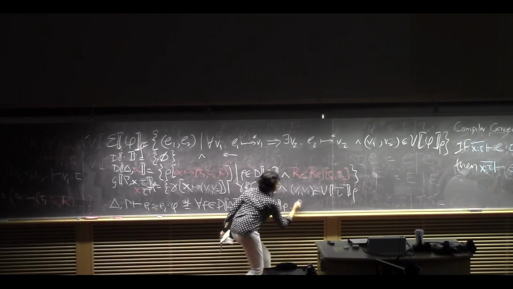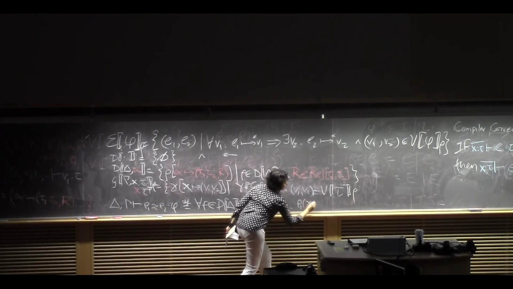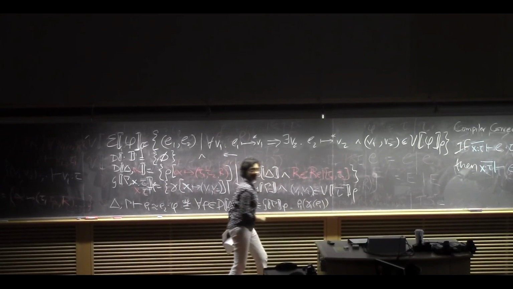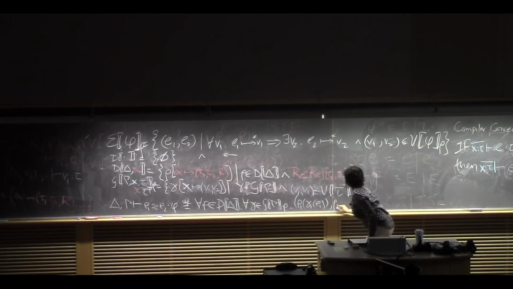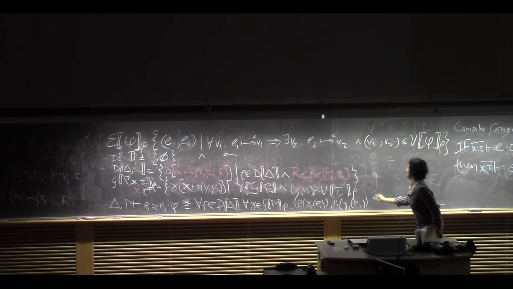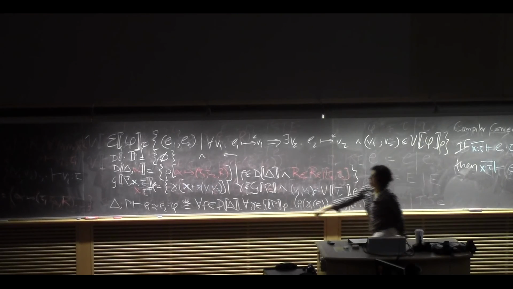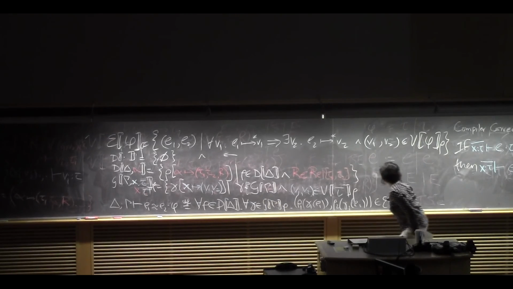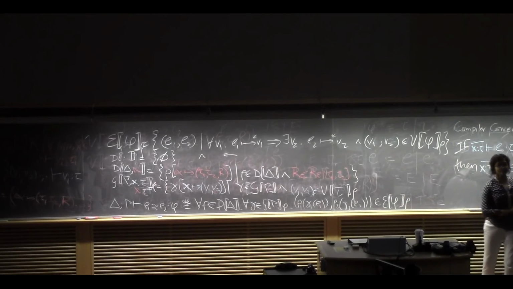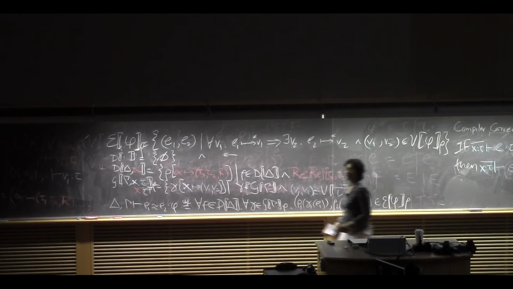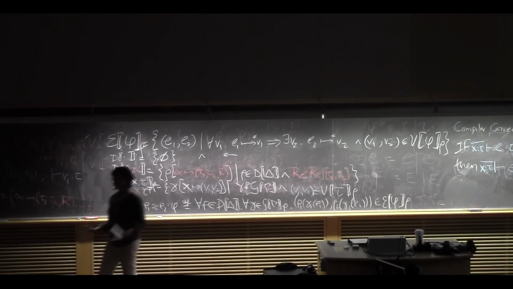So rho 1, gamma 1 of E1 is related to rho 2 of gamma 2 of E2 in the E relation at our type phi, with rho passed along.